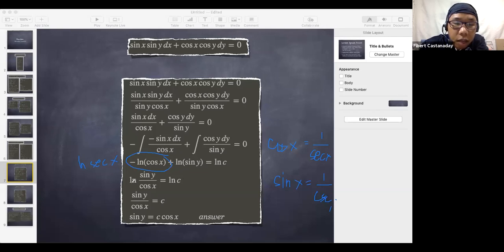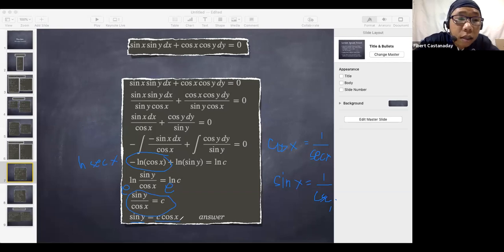Now that both sides of the equation have ln, we can take the anti-ln of both sides of the equation to remove the ln function. So we have this resulting equation, or you can say sine of y is equal to c times cosine of x.